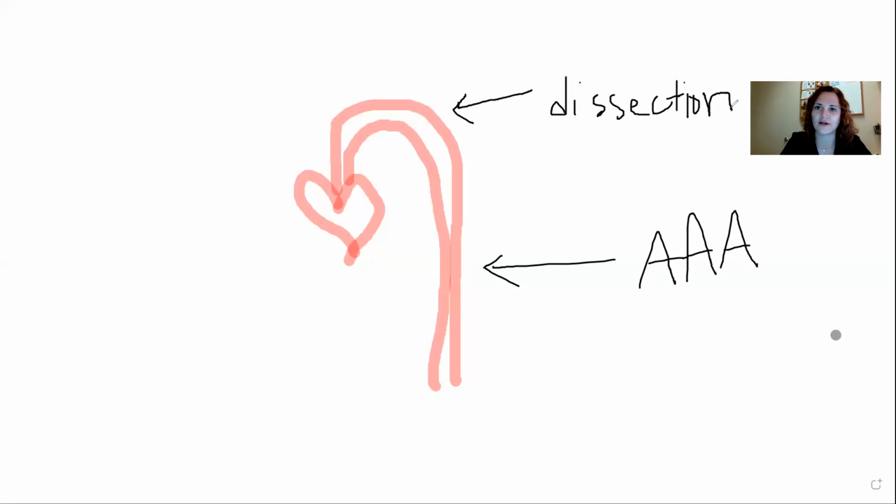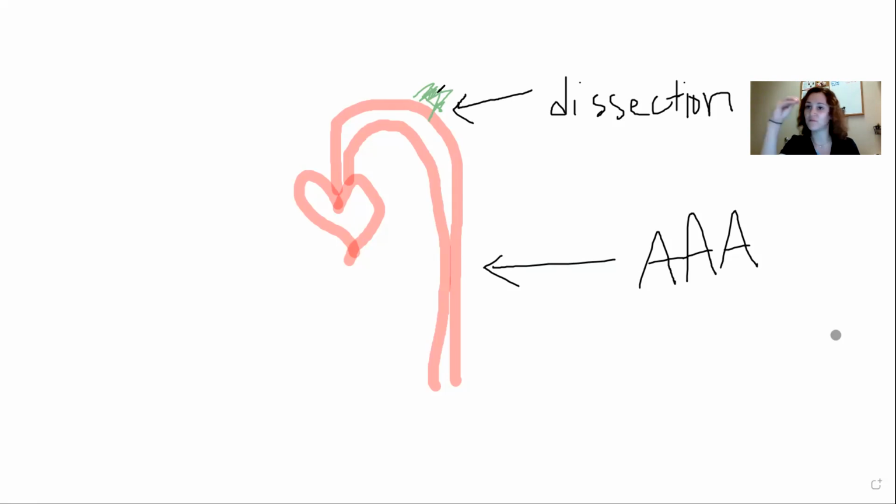Because here at the arch, there's a ligament called the ligamentum arteriosum that holds the arch of the aorta in place. And so ligaments are more of a fixed point. And so there's a higher ability with a trauma, like in an acceleration, deceleration, or like a T-bone scenario where a patient was hit at the side of the car and kind of thrown to the left and right too quickly.